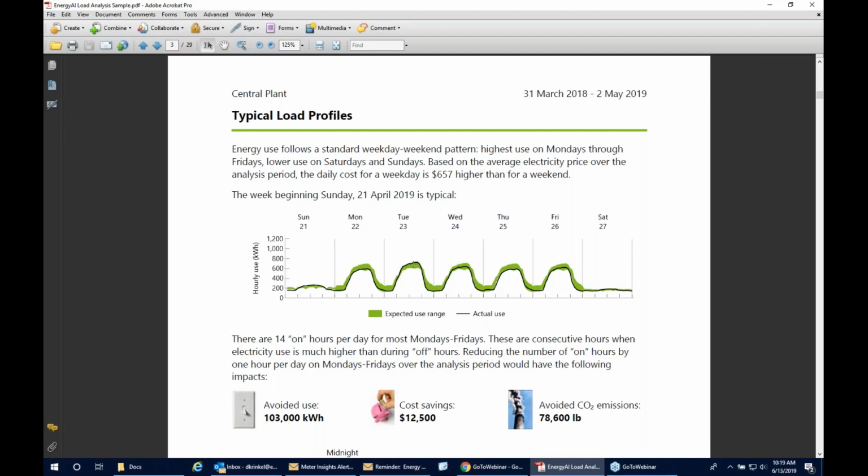And I like to use this to explain, okay, so what does Energy AI need to do its analysis? What we need is a year of interval energy data. And by interval, we mean it has to be 1 hour or less. So we can take hourly data or 15-minute or 30-minute or 1 minute, whatever you can get, and in whatever format you can get it.